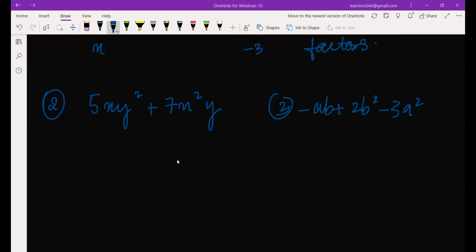Ma'am, are we supposed to put the letters on one side and the numbers on the other side? No, you make a factor tree together. This is one term, 5xy square. This is the second term, 7x square y. You need to make a tree diagram.